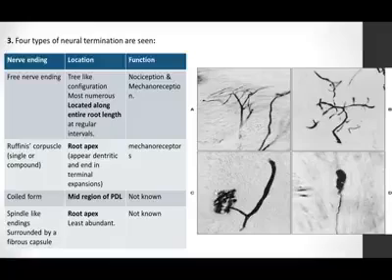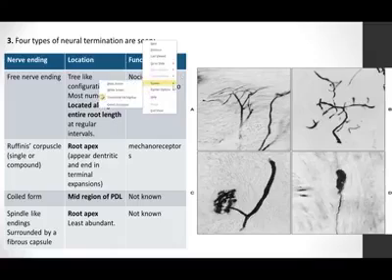So we have four types of neural terminations seen in the periodontal ligament nerves: the free nerve ending, the Ruffini's corpuscle, the coil form, and the fourth is the spindle-like endings surrounded by the capsule. Free nerve endings basically are tree-like configurations, as you can see here in this figure.